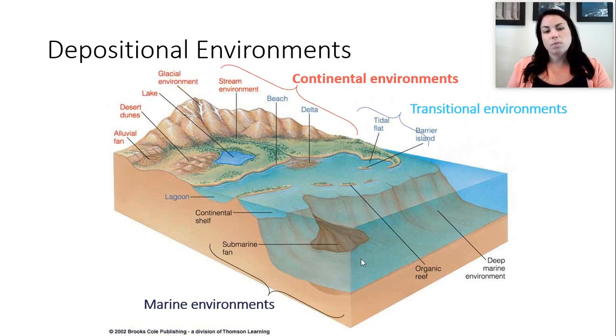Then we have the marine environments, and this is underwater. So we have deep marine, reefs, submarine fans, and then in between is that transition environment. These are things like tidal flats, barrier islands, and lagoons. So we're going to be giving examples of these three different categories of depositional environments.